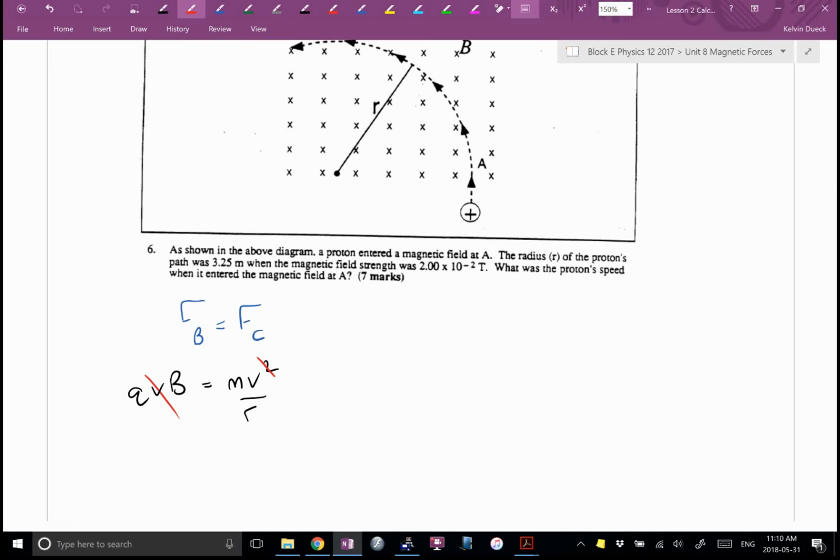But we're trying to find V. So you all agree with me, V is going to be what? QBR over M? Yes? It's a proton, and it's a proton.